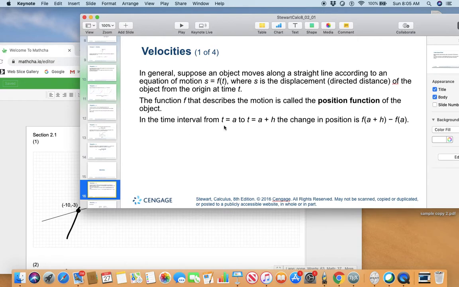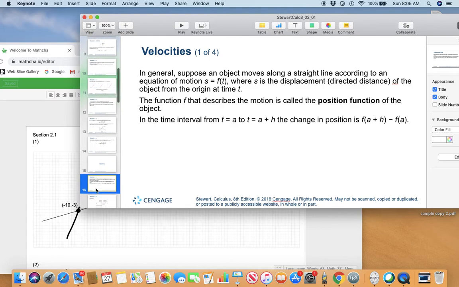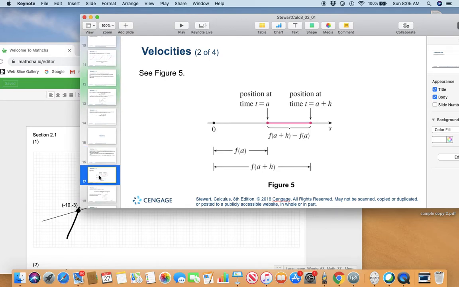In the time interval from t equals a to t equals a plus h, the change in position is f of a plus h minus f of a. Why f? Because that is the rule by which position is determined. Okay. So here is 0 and here is s.